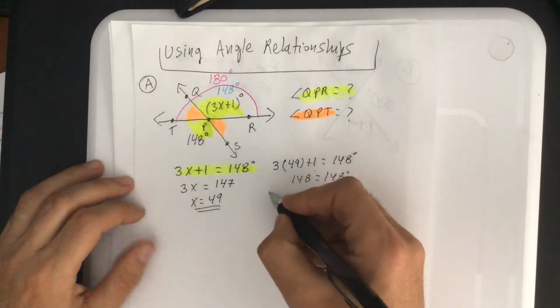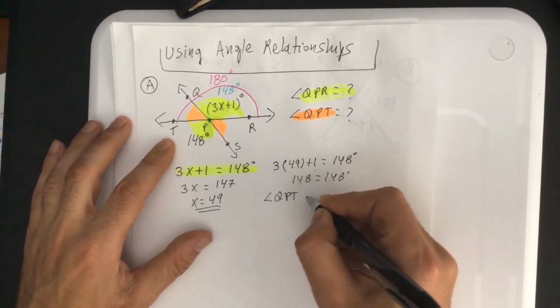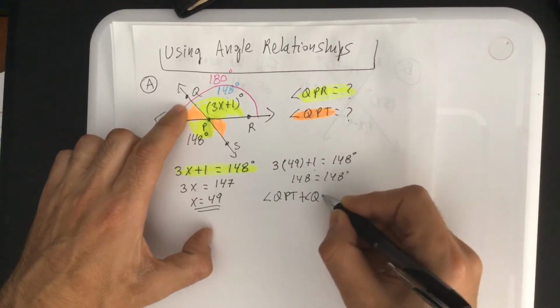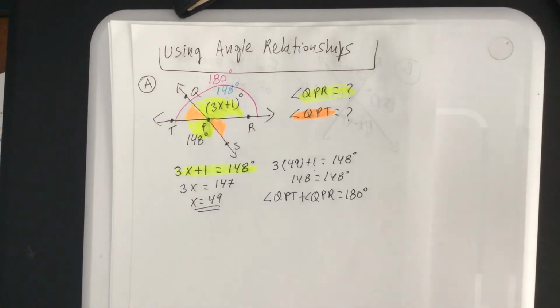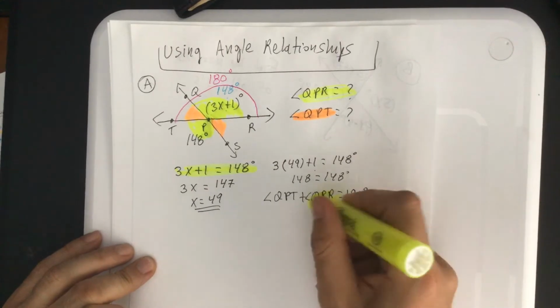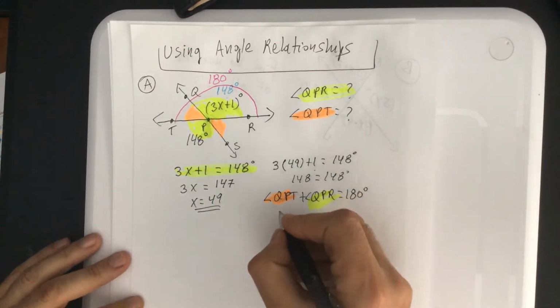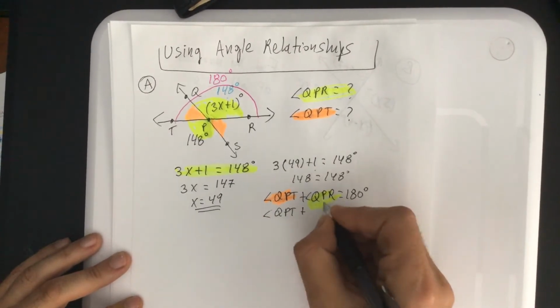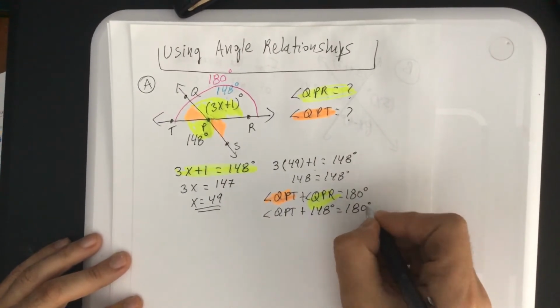So let's set it up over here. Let me write down QPT plus QPR is equal to 180 degrees. Linear pair, okay? That one and that one. We do not know what QPT is, that's why we're trying to figure it out. We know that QPR is 148 degrees, and both of them added together add up to 180.